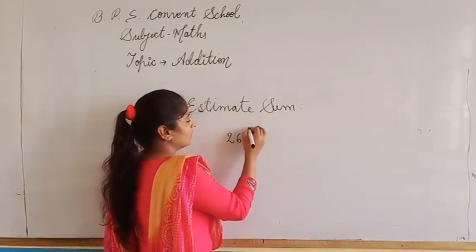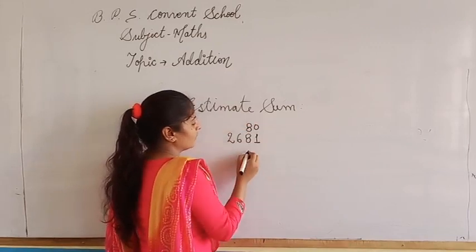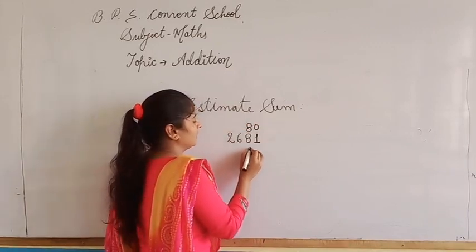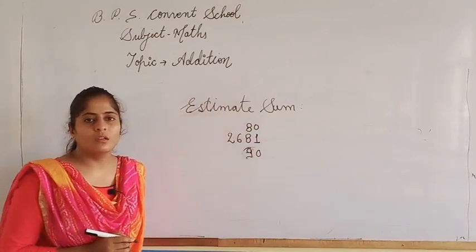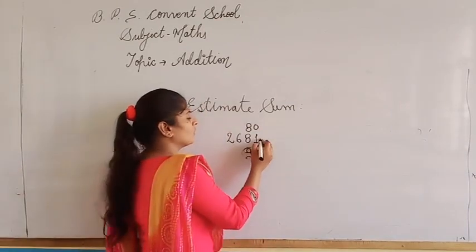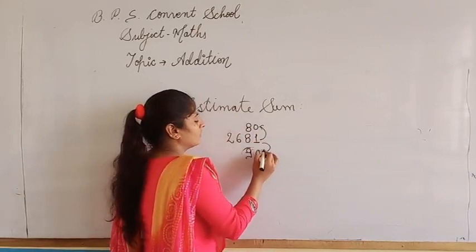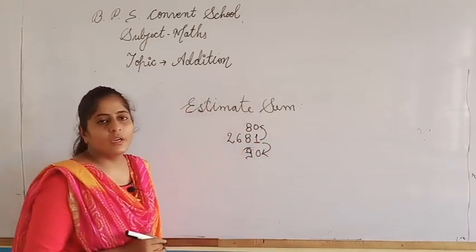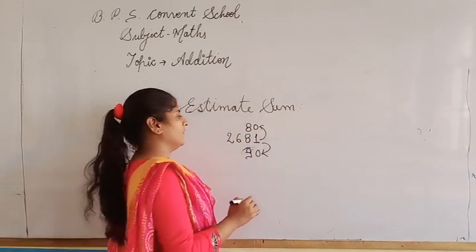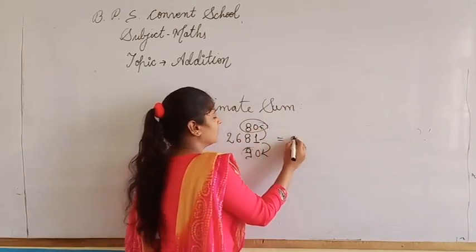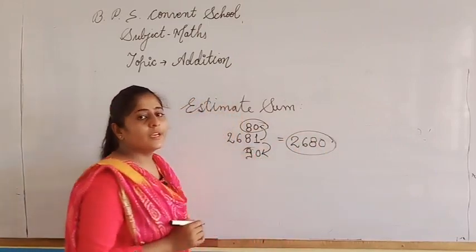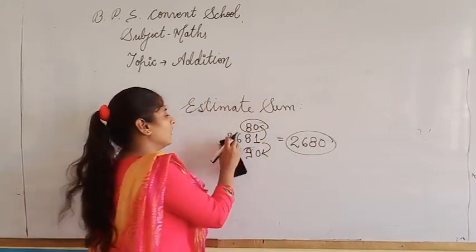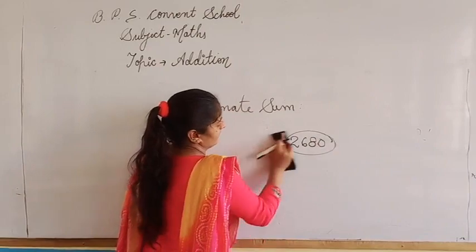So, before is 80 and after 80, 90 is the tens place. Which tens is near to 81? 80 is near, so write it, it's the nearest tens value of this number.